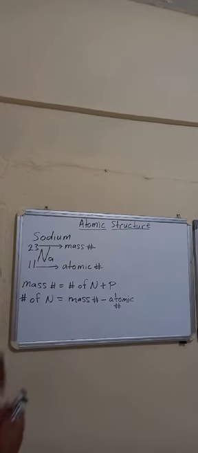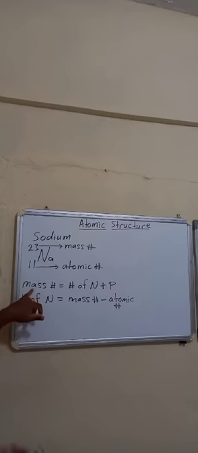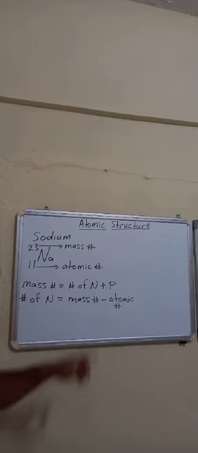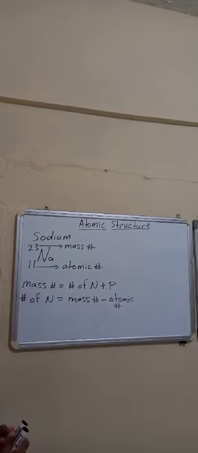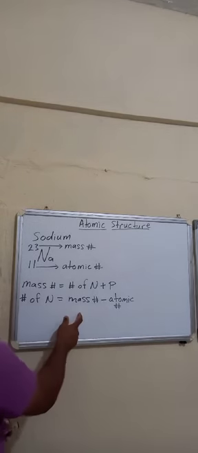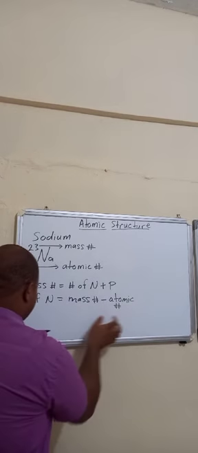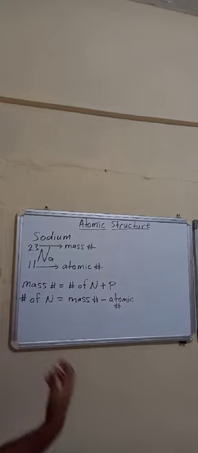So as a little quiz, if a teacher gives you the number of neutrons and the number of protons and you want the mass number, all you have to do is add the 2 of them. If you have the mass number and the atomic number, you can find the number of neutrons. Mass number minus atomic number gives you the number of neutrons.